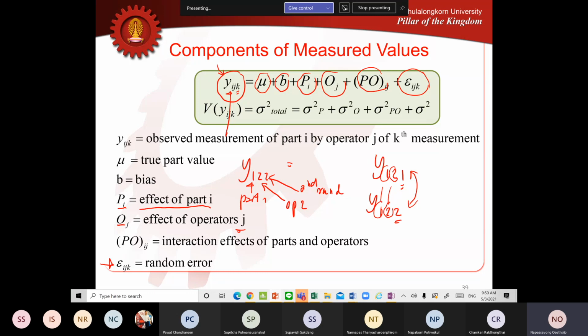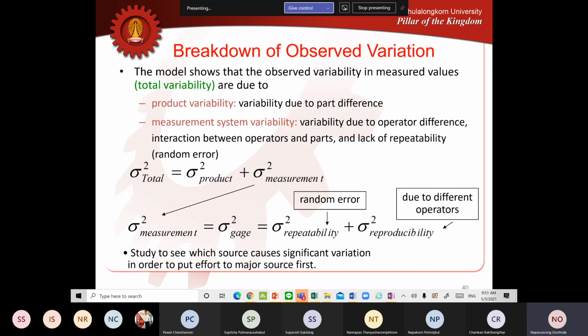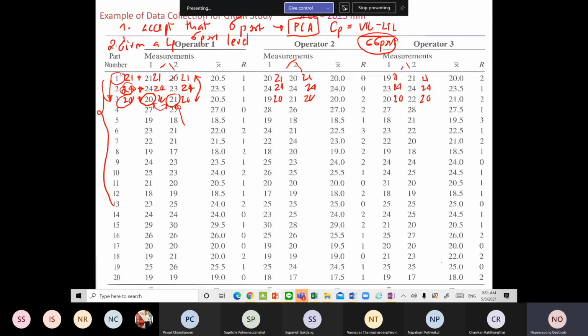And if we calculate the variance of each component, we will get the variance of the observation, which we call variance total. So variance total means, if we take a look at the data set again, in this data set we have 20 parts.